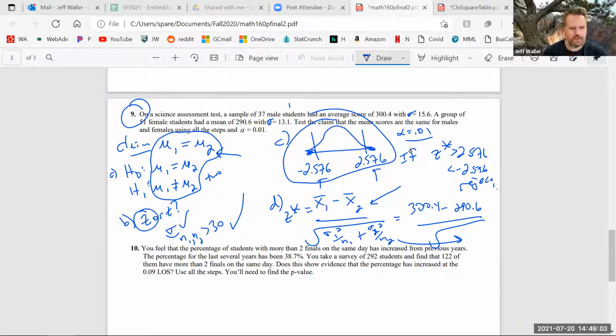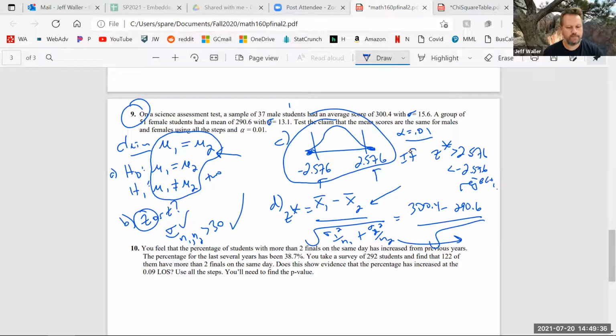I mean, you just throw stuff in and you see what you get. I'll tell you what Z-star should be if you want to try this out. Oh, the right thing in the wrong place.